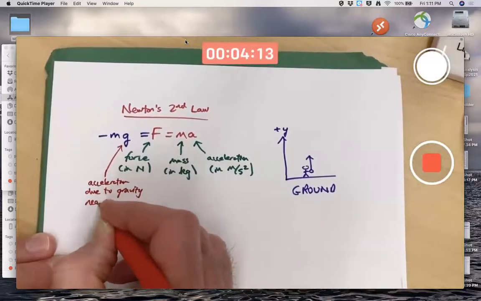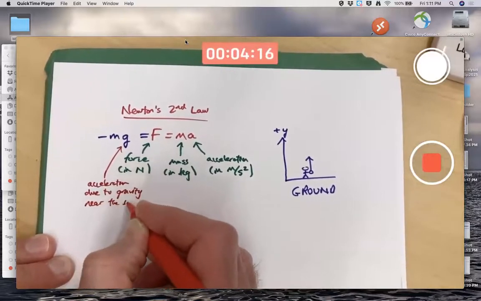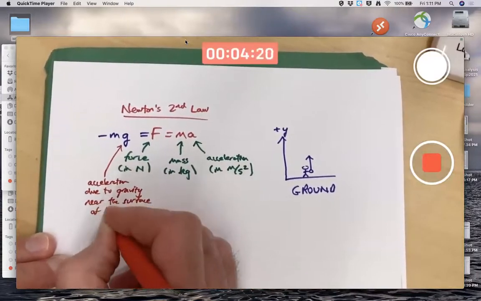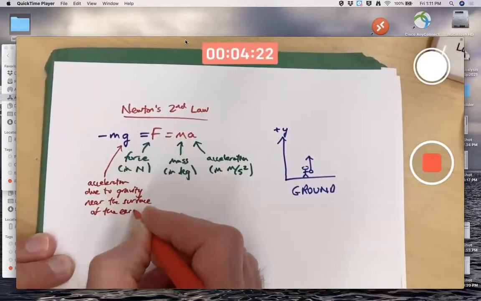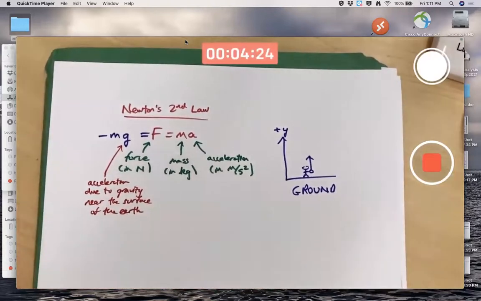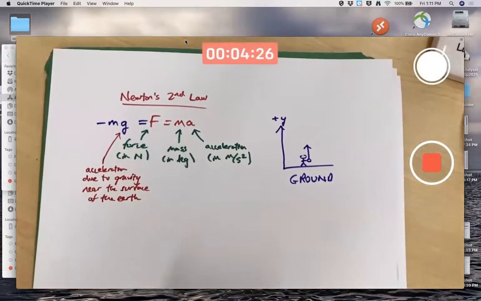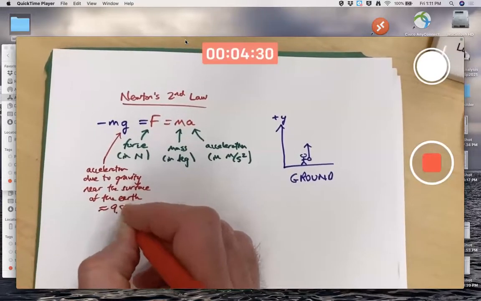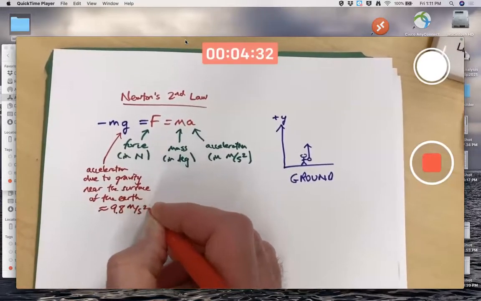And it does have to be near the surface of the Earth. If you go up high enough into the atmosphere, g does get smaller. Near the surface of the Earth, many of you know it's about 9.8 meters per second squared.